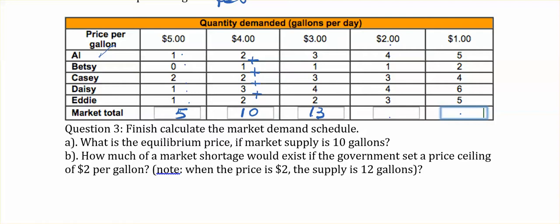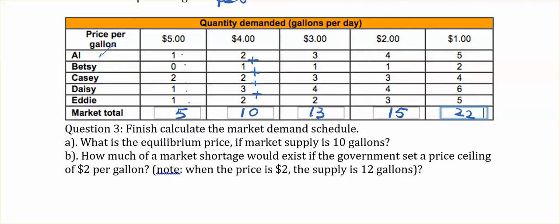When the market price is $2, we get 4 plus 1 plus 3 plus 4 plus 3. That is our total, which gives us the market demand. So we get 15. And if the market price is only $1, the market demand is 5 plus 2 plus 4 plus 6 plus 5, and we get 22.